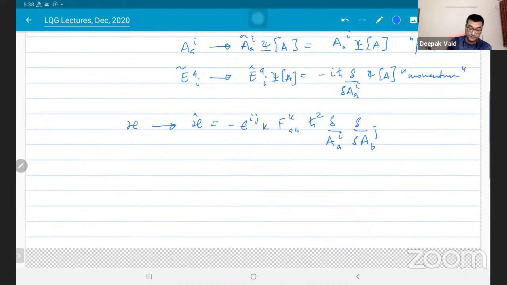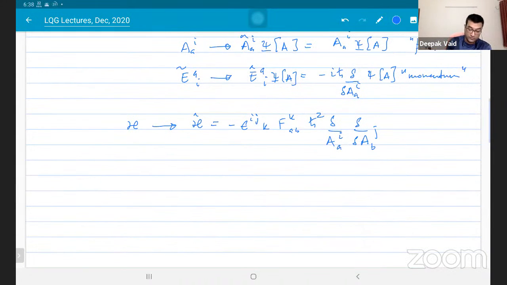And now you ask, what sort of functionals of the connection would satisfy this constraint as an operator equation?